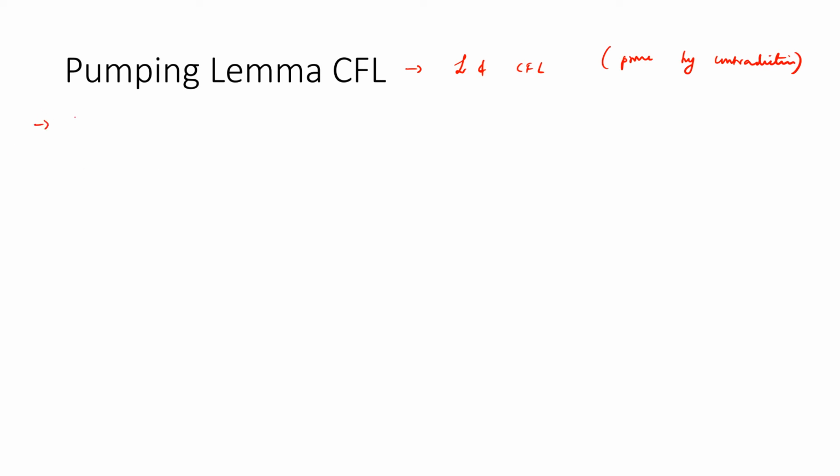The first step is again to assume that a given language L is a context free language. Then what the pumping lemma states is if a language L is context free, you have a pumping constant n. Like earlier, we have a pumping constant n, and for any string w that belongs to the context free language L, you can partition it into five parts.